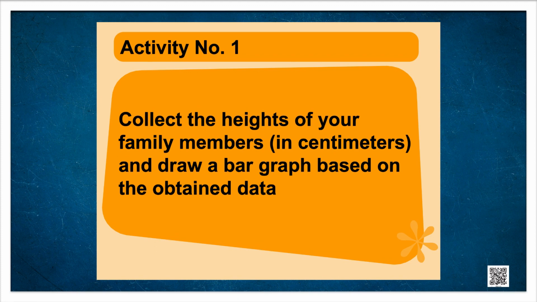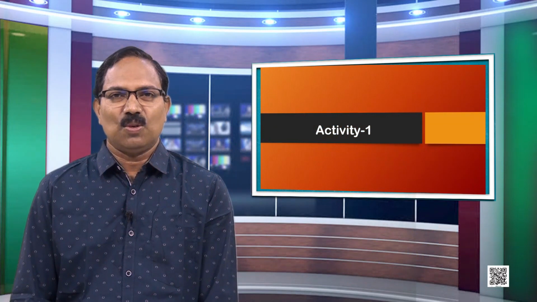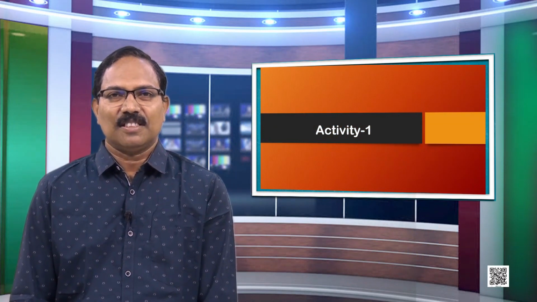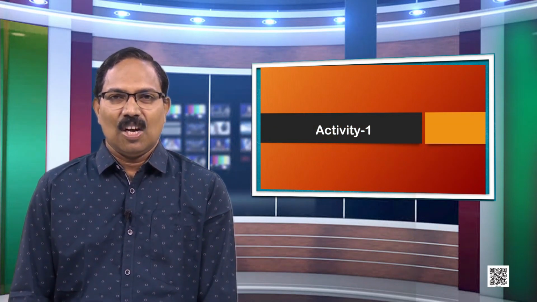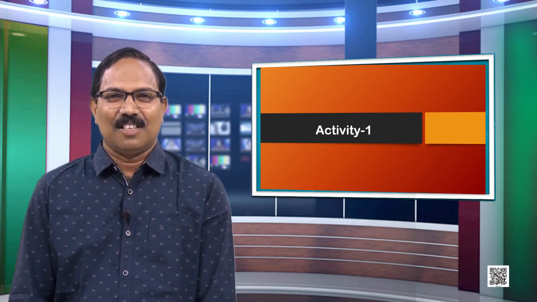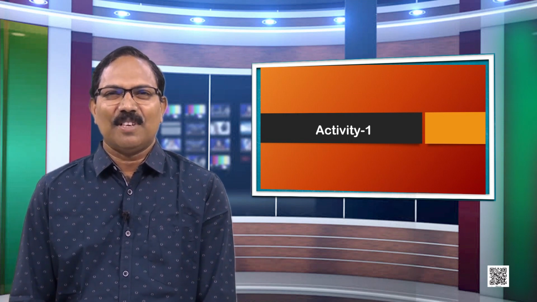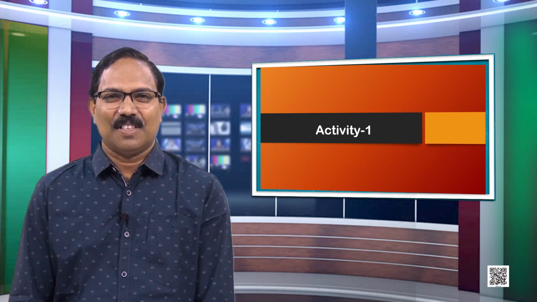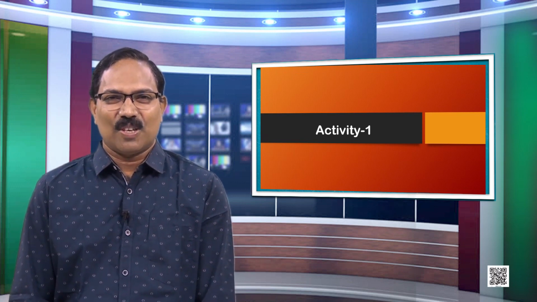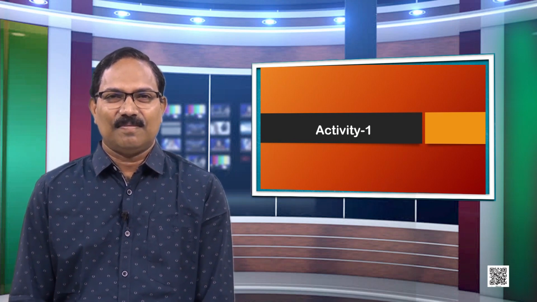Yes, please try. From this activity, can you interpret some of the things? Like, who is the tallest in your family? Who is the shortest in your family? Whose heights are equal? Okay, like this you can have many interpretations from this collected data.